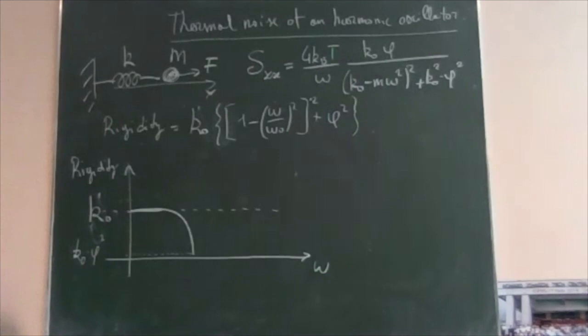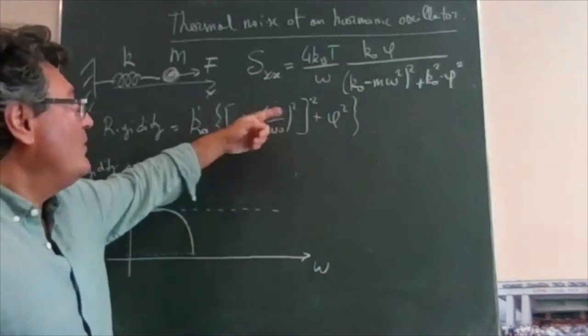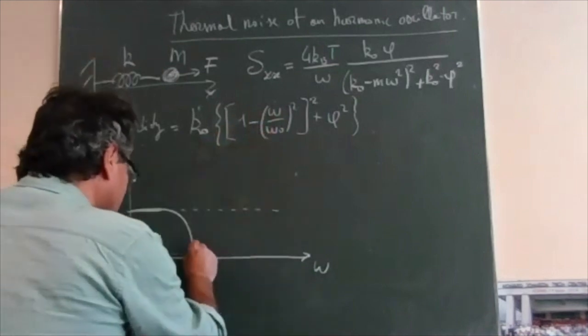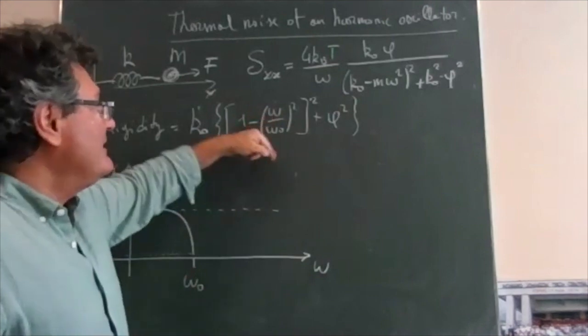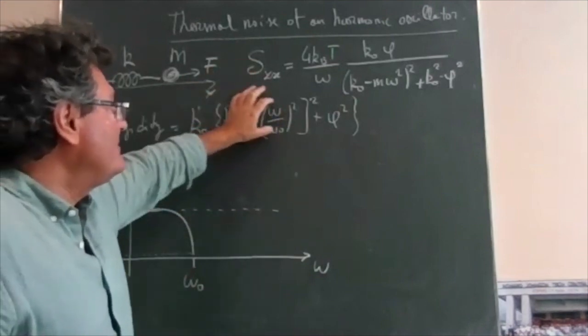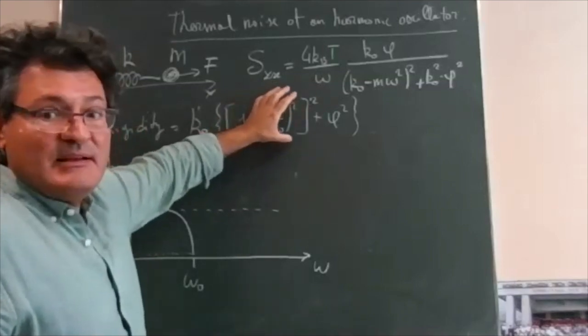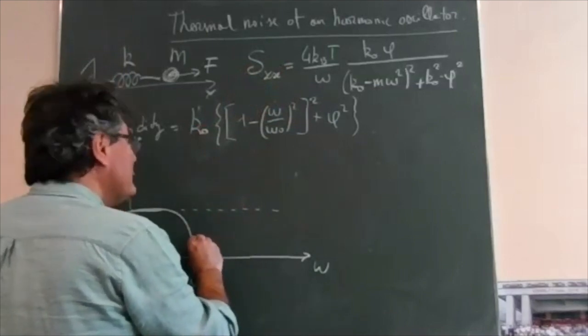Yes, fine. And then omega goes over omega naught. So this is exactly omega naught. When omega is above omega naught, this square becomes positive, and it becomes greater and greater.